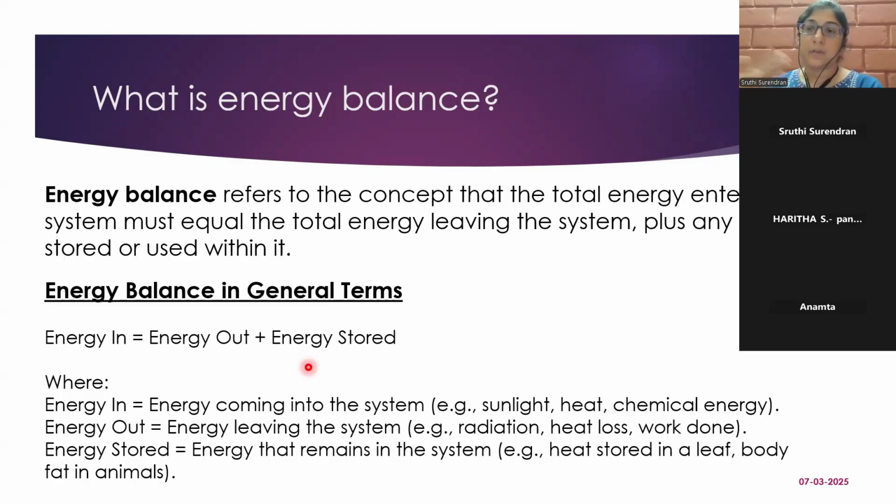That chemical energy is further again utilized for the manufacture of carbohydrates. And the carbohydrates will result in the growth of the plant, and that energy that is utilized for the manufacture of carbohydrates is stored in the form of the biomass in the plant, and a lot of energy is released back into the system in the form of heat. So that is what is happening when it comes to a plant.